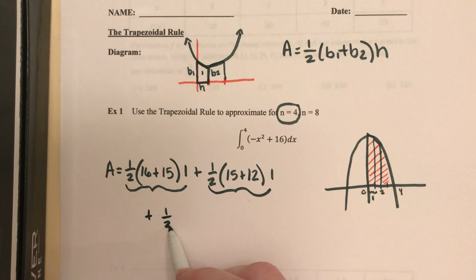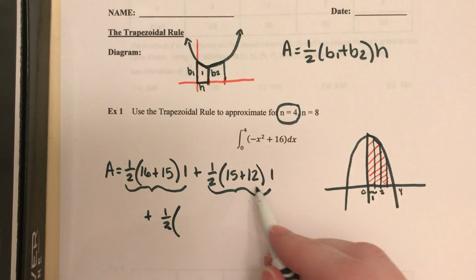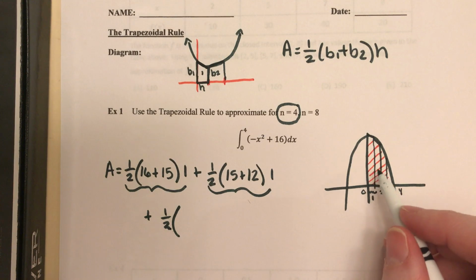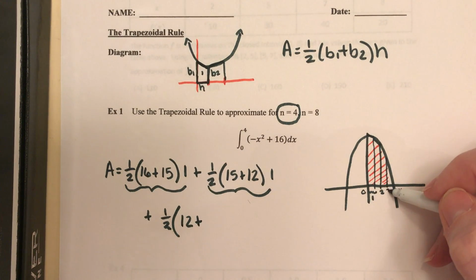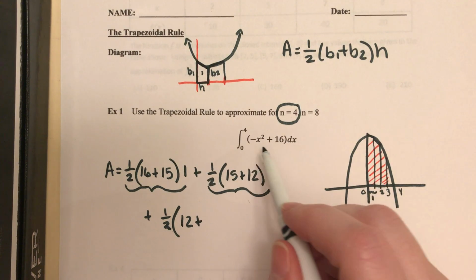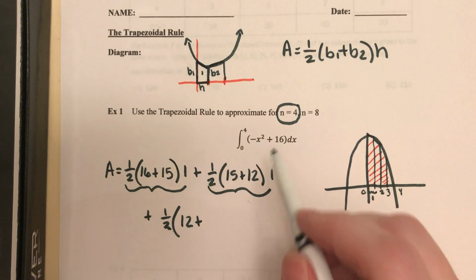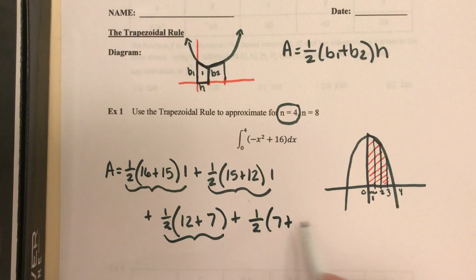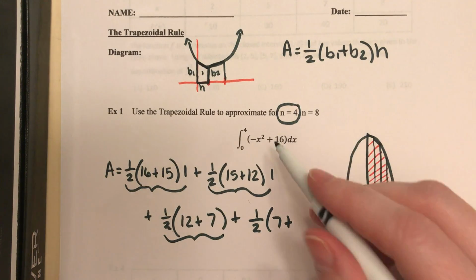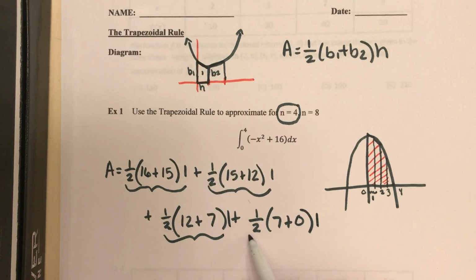My third trapezoid. Now the nice thing about this is that they share sides with the trapezoid previous. So 12 would be the side on the left, and the side on the right would be at 3. So if I plug 3 into this formula, negative 3 squared is 9, or negative 9 plus 16 is 7. And then my last trapezoid, 7 plus my height at 4 would be 0 times 1.